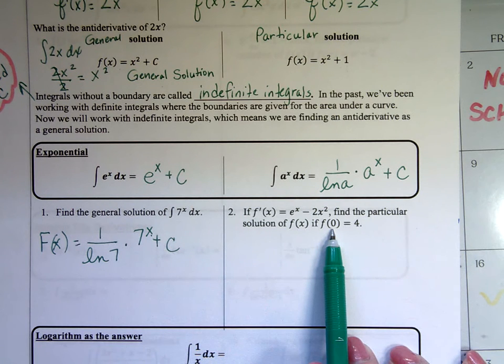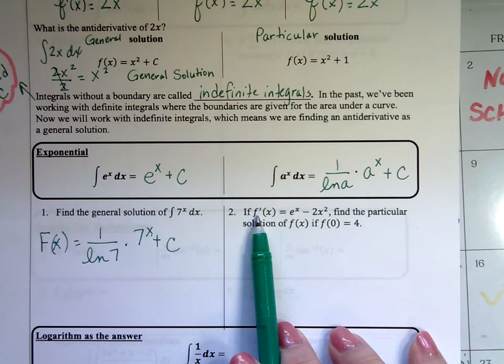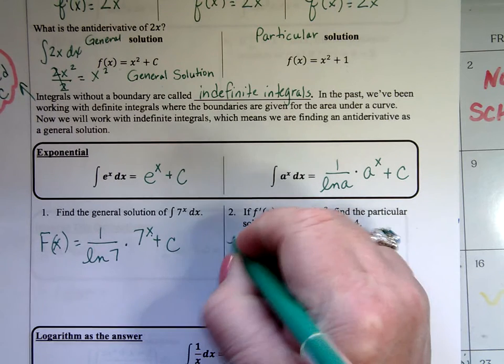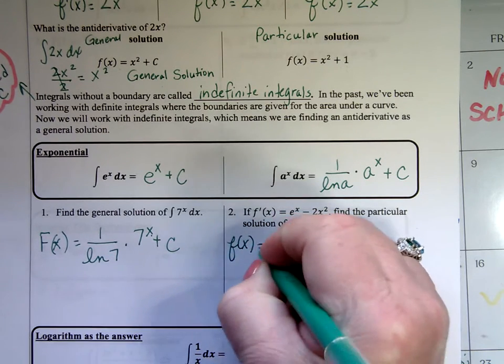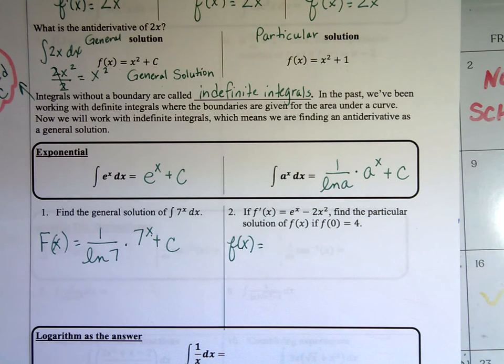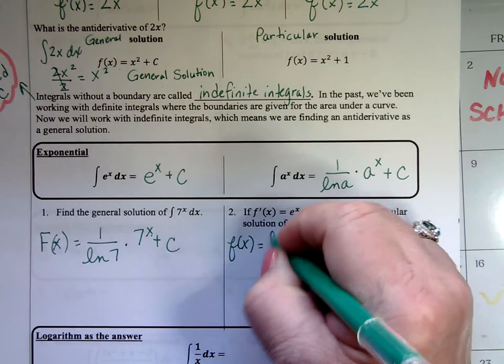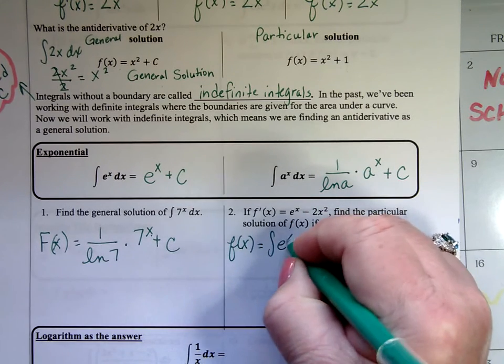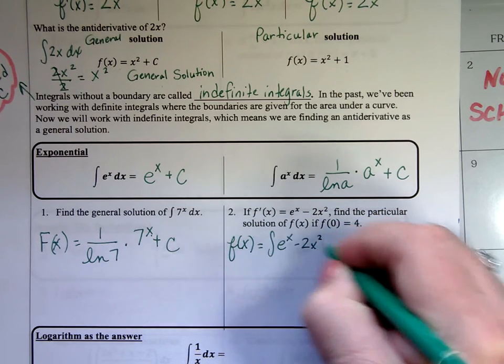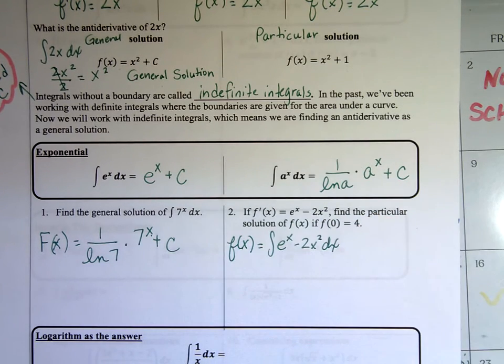This one they gave us the derivative and we want to go back to the function. I want to know what f of x is. So that means that f of x is the integral of e to the x minus 2x squared with respect to x.